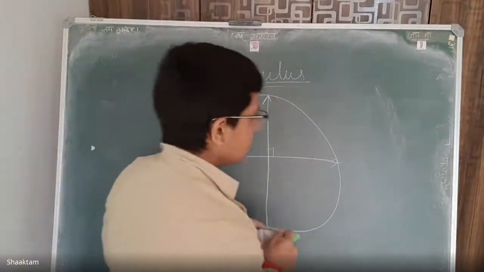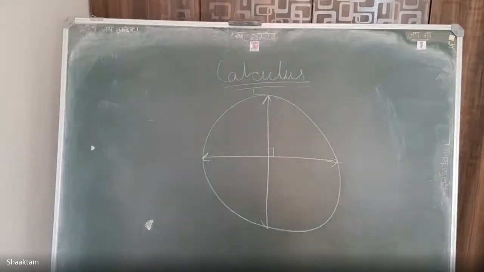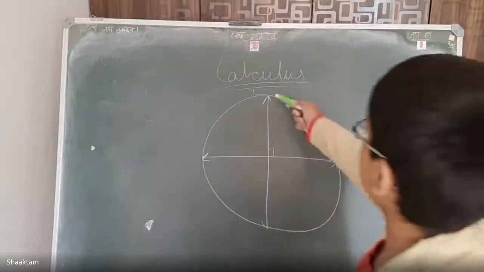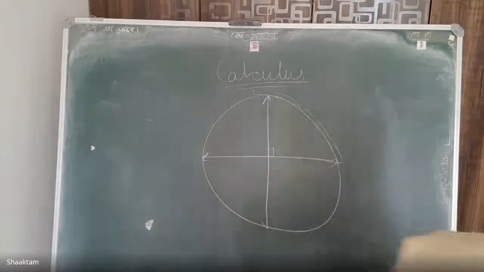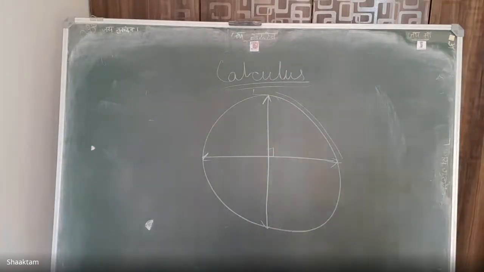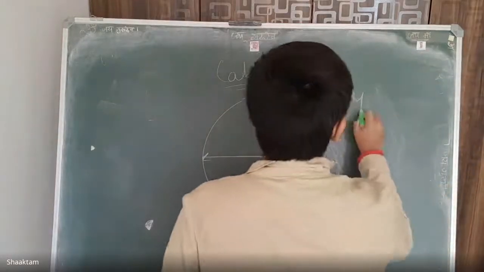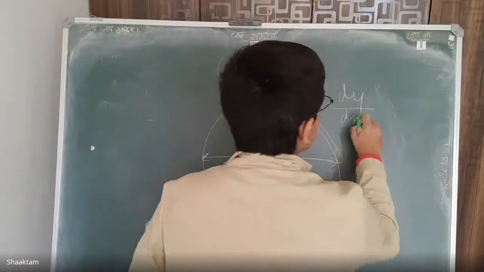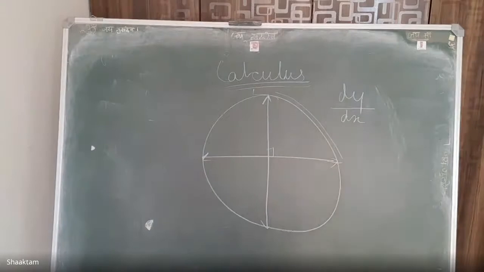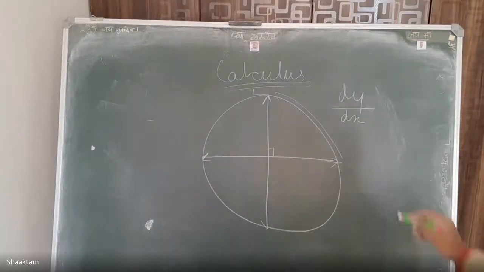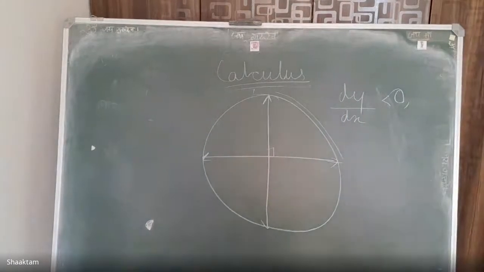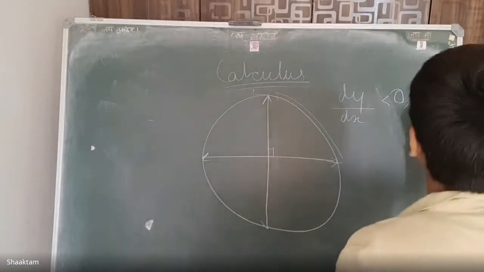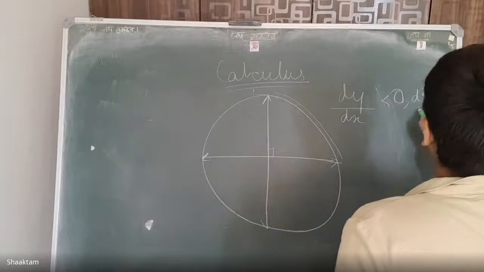In the first quadrant, means this one, dy by dx is negative, and d2y by dx square is also negative.